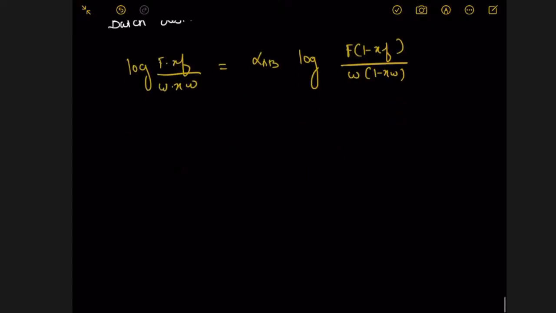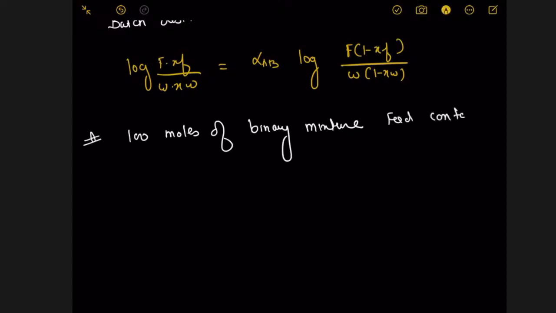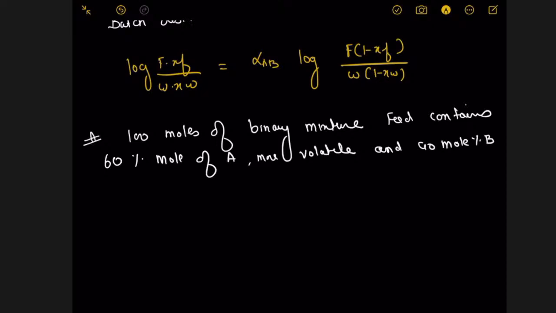100 moles of a binary mixture feed contains 60 mole percent of A, that is more volatile, and 40 mole percent of B, and is heated in a batch distillation.